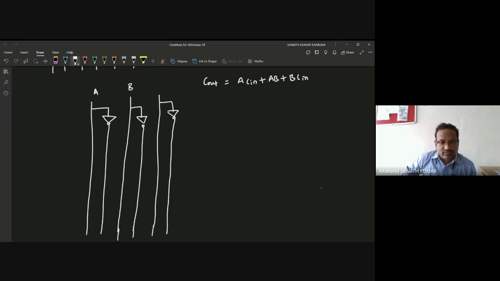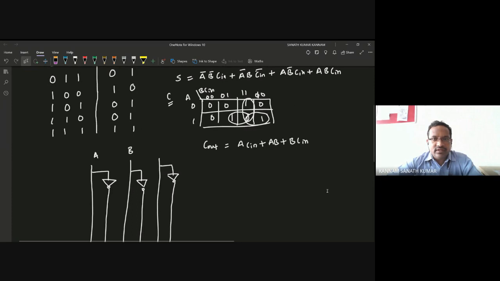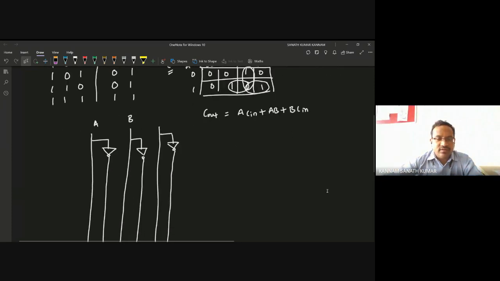Now next, what you need to do. First, for the sum I am drawing. For the sum, A bar, B bar, C in. So A bar, B bar, and C in.